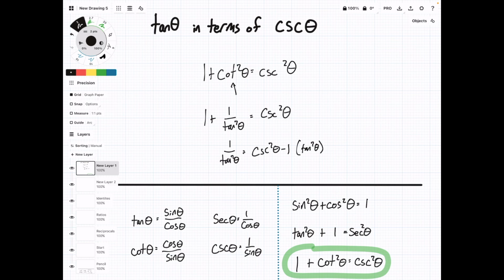So what this is going to look like is tangent squared theta equals 1 over cosecant squared theta minus 1. Square root, tangent theta is equal to plus or minus square root, I'm going to leave 1 on top by itself, over the square root of cosecant squared theta minus 1.